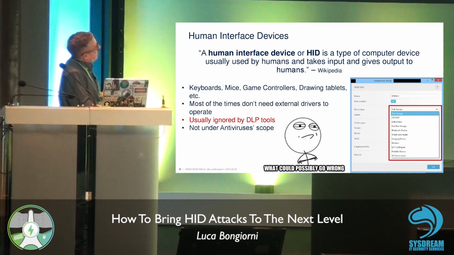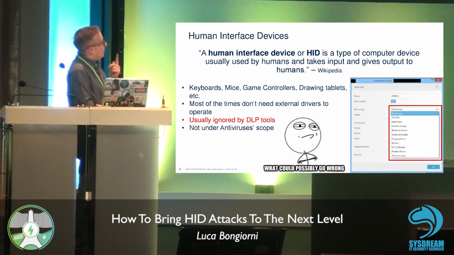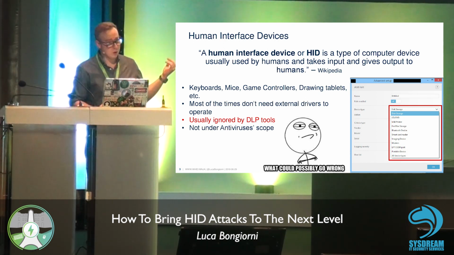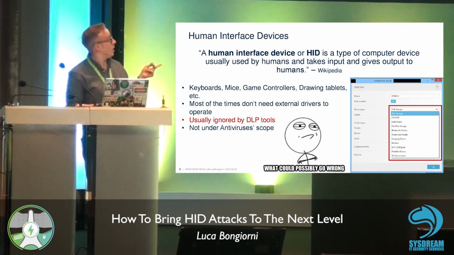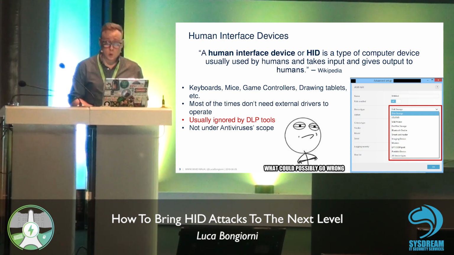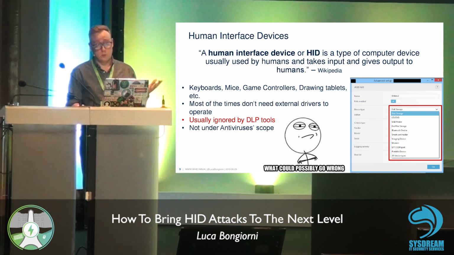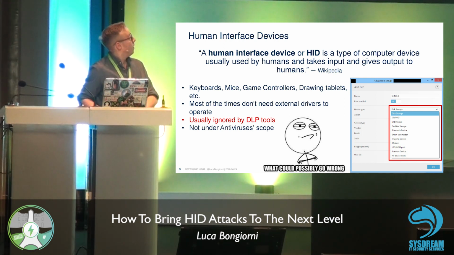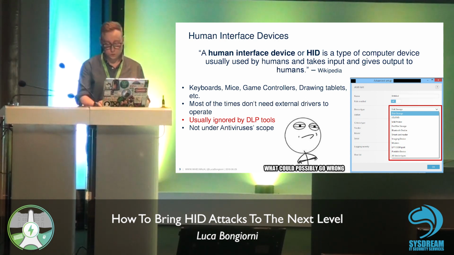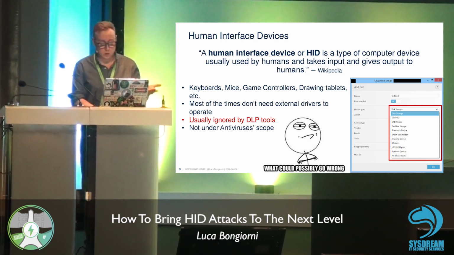As you can see in the list, there are plenty of them, but there is only one missing: HID devices. So keyboards cannot be whitelisted or blacklisted by this solution, which is an issue. And of course, another feature of keyboards and mice is that they are not usually under the antivirus scope. So what could possibly go wrong?